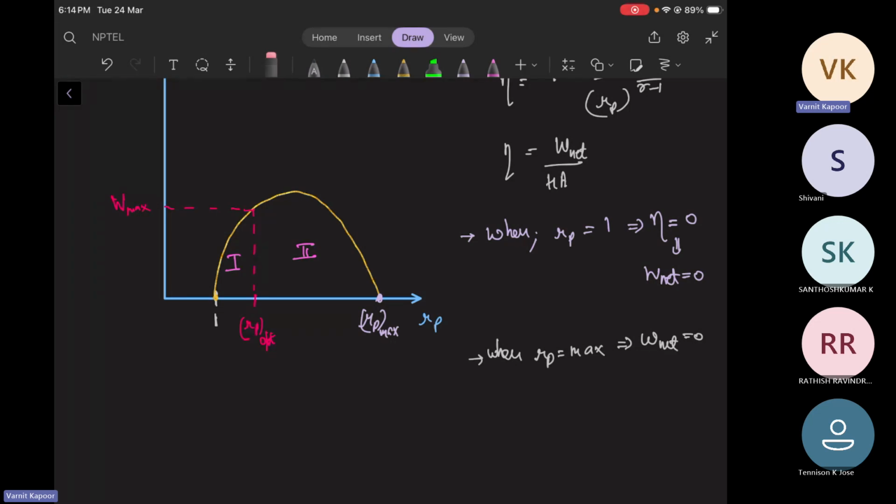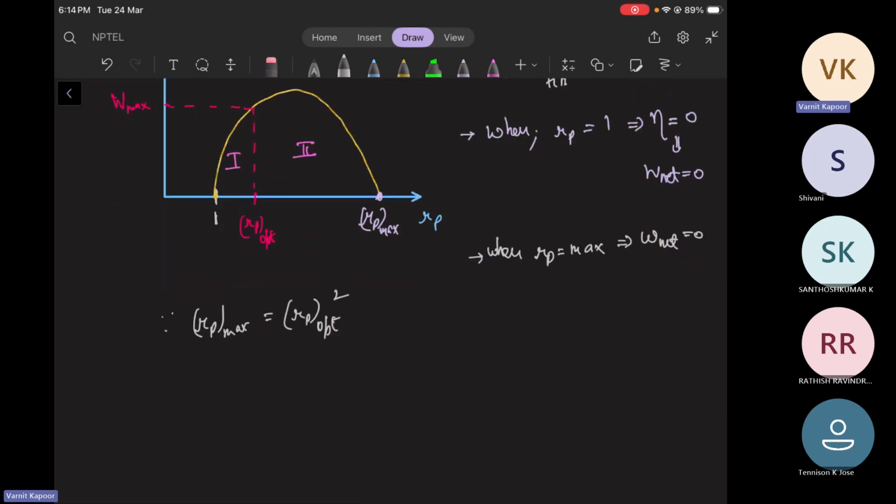I hope this is clear. So since RP maximum is the square of RP optimum, as just derived above, the area of region 2 will be greater than the area of region 1.